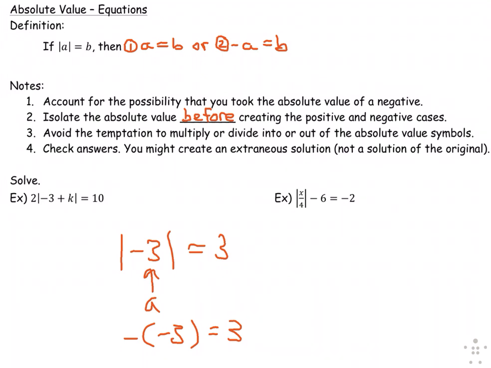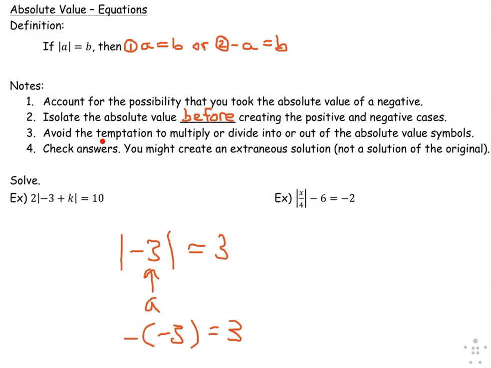So you want to account for the possibility that you took the absolute value of a negative, and you want to isolate the absolute value before creating the positive and negative cases, because in this definition, it's the absolute value of some amount. So in this case, I would want to divide that 2 over first, and then I could apply the definition of absolute value, creating the positive and the negative cases. Here, I need to add 6 to both sides before I could then branch off and make my 2 parts.